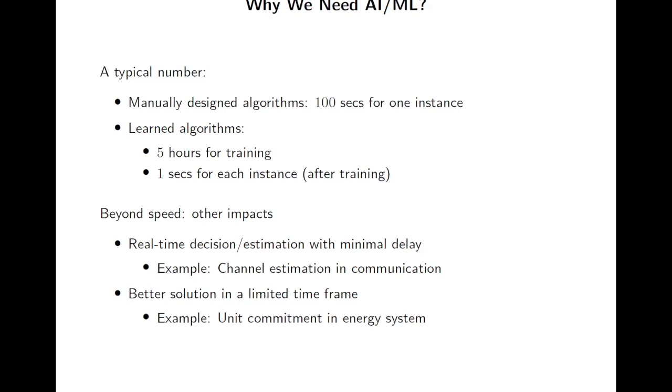The second example is unit commitment in a grid system. In a power grid system, typically every 24 hours, people have to decide the operations of each unit, like opening or closing it, or setting some parameters for it. This kind of problem is usually formulated as a mixed integer program. We want to minimize the running cost and satisfy some physical or energy constraints.